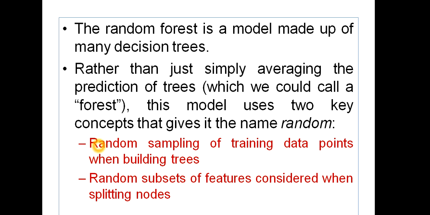So you should note down the key concepts behind the random forest: first, random sampling of training data points while building the trees, and second, random subsets of features considered when splitting nodes. That's why the name random comes to forest.